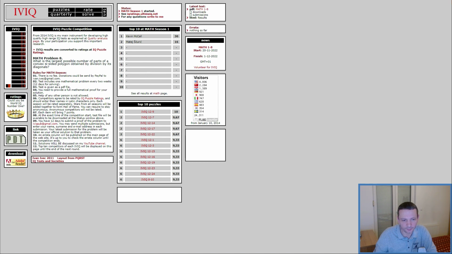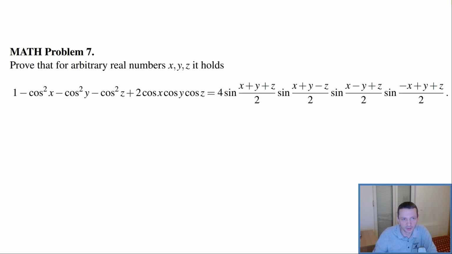So we will now present the solution of this problem. This pretty complicated trigonometric equality. We will start actually from the right hand side, this product of 4 sine functions times 4, and we will try to obtain the left hand side.